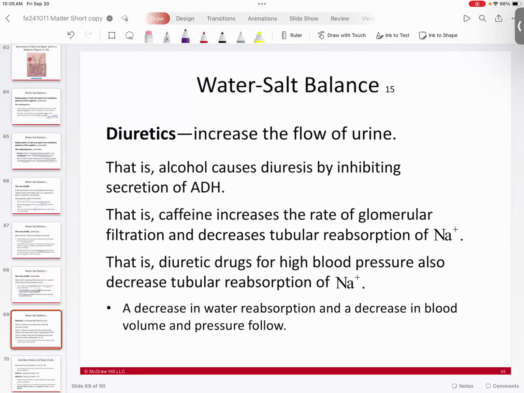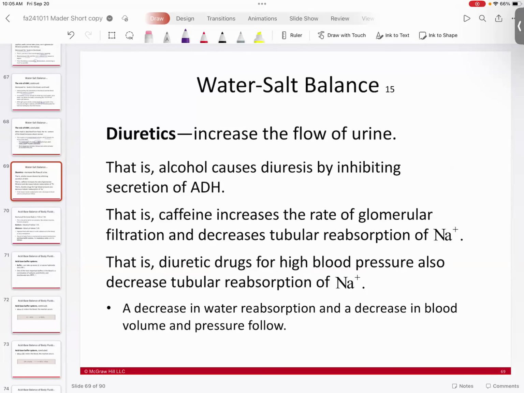So diuretics, when you take a look at a diuretic, it increases the flow of urine. For instance, alcohol is a diuretic. Basically, it inhibits the secretion of ADH, so it creates a larger volume of urine. Caffeine increases the rate of filtration and decreases your reabsorption of sodium, creating a larger amount of water to be released.